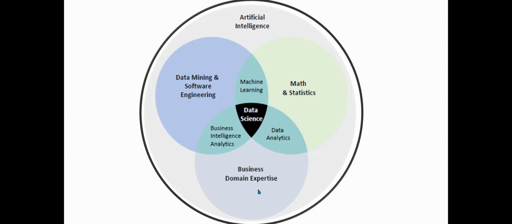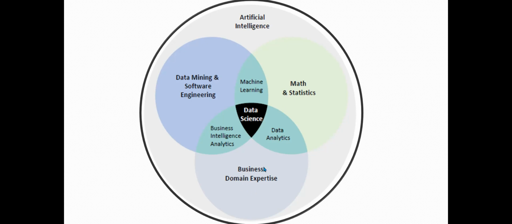Lastly, we have the business domain expertise, which in our case is human resource. Now, in between math and statistics and business domain, that's where data analytics comes in. That is where we analyze using math and statistics the data of the business domain, which is HR. So that's data analytics, analyzing using math on HR data.